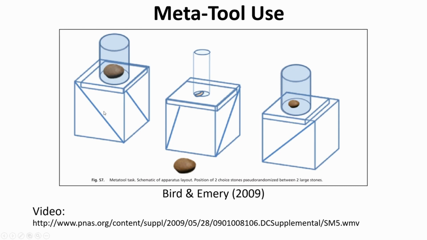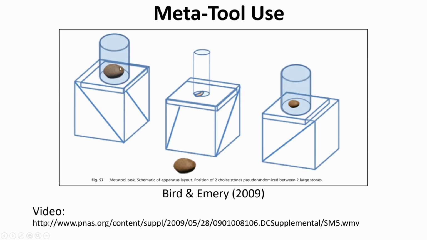And then they're given two other apparatuses with larger mouthed tubes. So this large rock would fit into either of these tubes. And they're given the choice, okay, well, would you like to drop this large rock into this apparatus or this apparatus, the only two that it'll fit in?